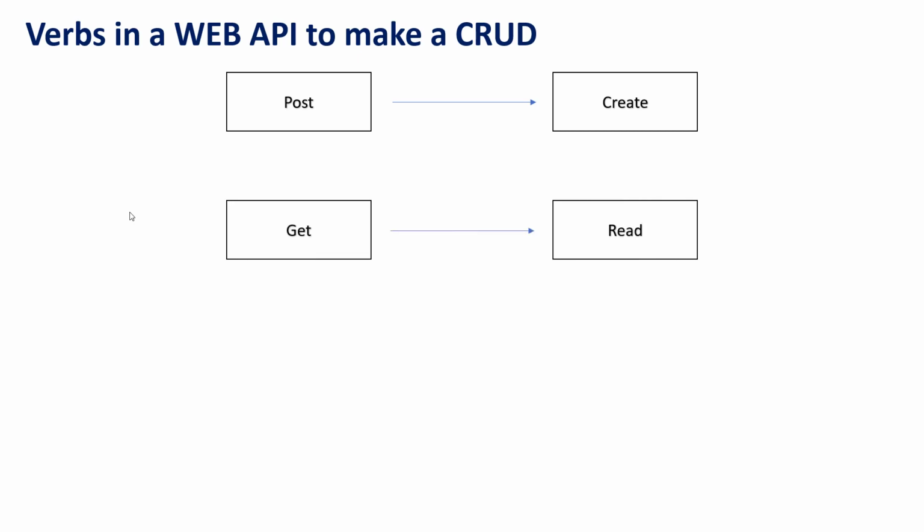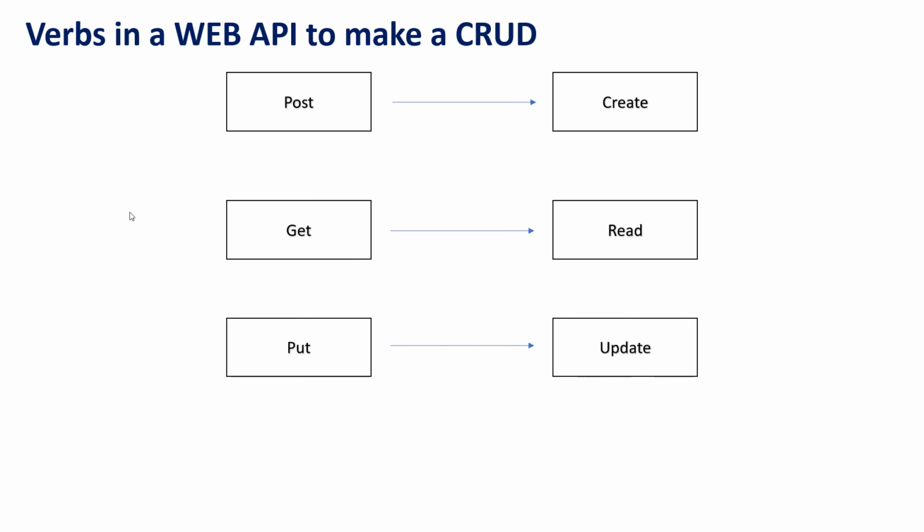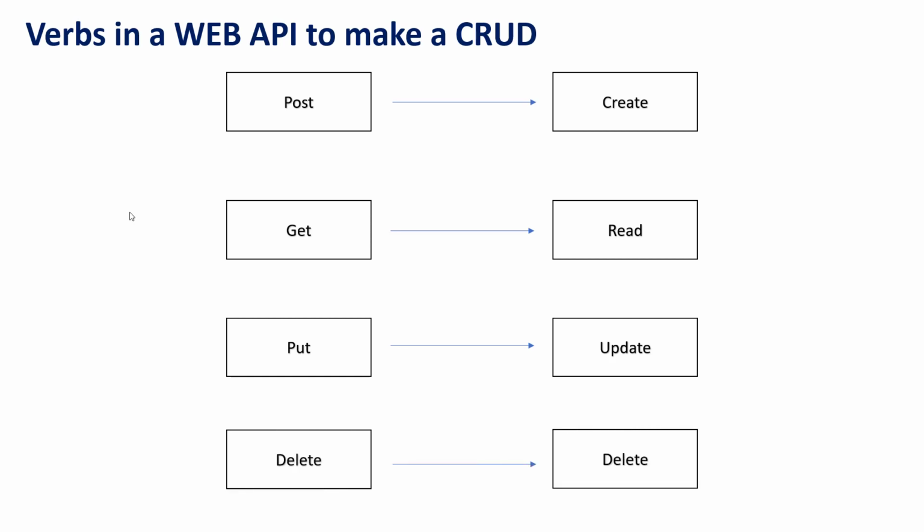When I want to read, I'm going to use get. When I want to update, as I said again, most of the time, I'm going to use put. When I say most of the time, this means there might be kind of exceptions. When I want to delete, I'm going to use the delete method to be able to delete a resource from a database, something on the server.